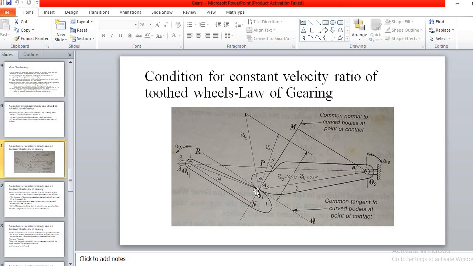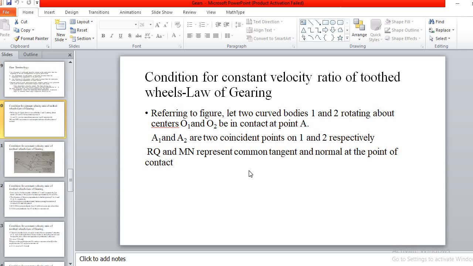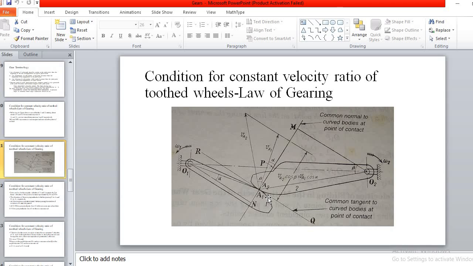In the ideal case, the point of contact is a single one. Both curved bodies, the first and the second, come into contact at some point, denoted here as A. But in actual practice the points of contact are slightly different for the two curved bodies, and they are denoted here as A1 and A2.